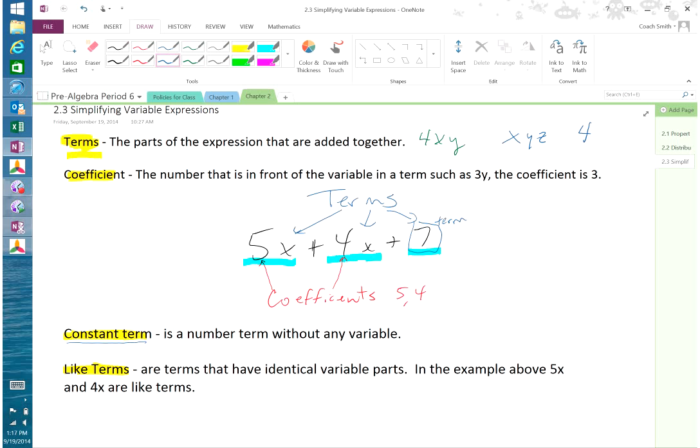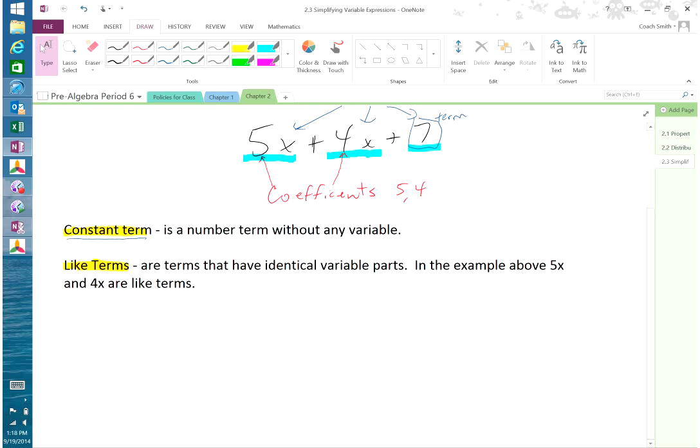It's a term, but it's not a constant term. A constant term is just a number separated either with a subtraction sign, minus sign, or just the number itself. So terms are those things you see inside of an expression that are separated by a plus or a minus.